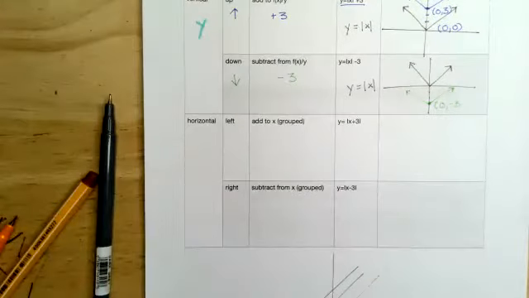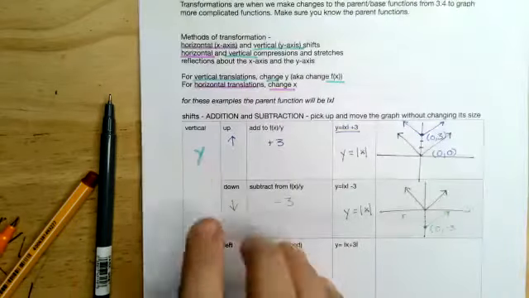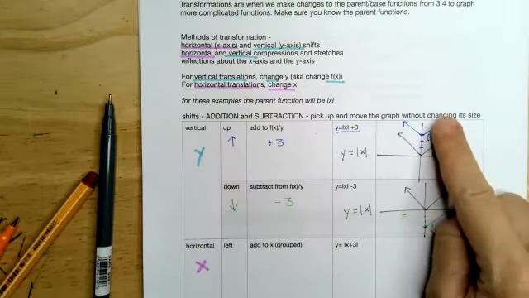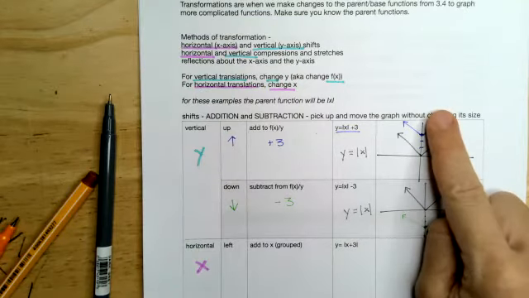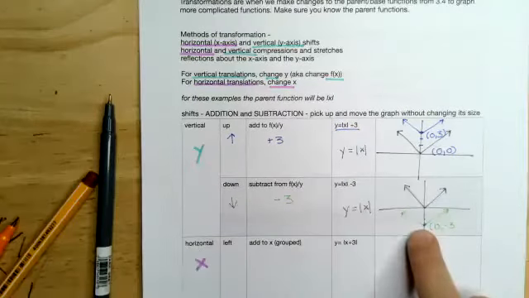All right. Remember, horizontal is always going to mean x. When you're talking about x, x is opposite. So vertical makes sense, right? When we add 3 to y, we go up, we go towards positive y. When we subtract 3 from the y, we go down on the y-axis.